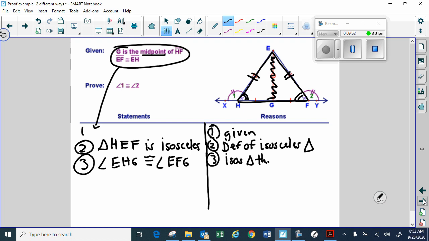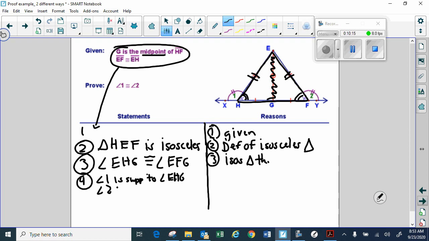Okay, so now I have those angles are congruent, and now I can finish off with what he had done in the previous. So now I'm going to be able to say angle 1 is supplementary to angle EHG.